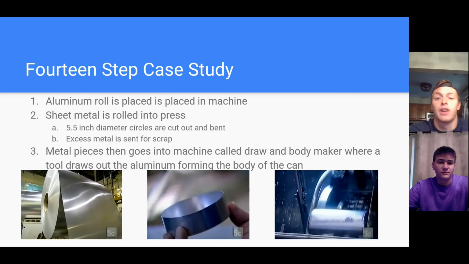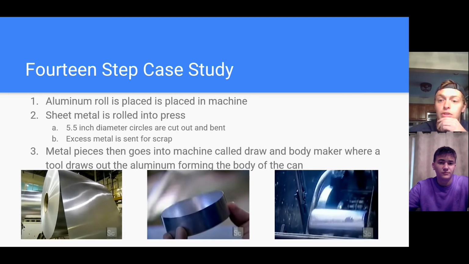It cuts out a 5.5 inch diameter circle, and then it bends the aluminum to make that second image down there. And as you can see, there has to be some bend there to develop that shape. And yeah, this excess metal is then sent to the scrap, where it is reused in the aluminum rolls that were initially used in the process.